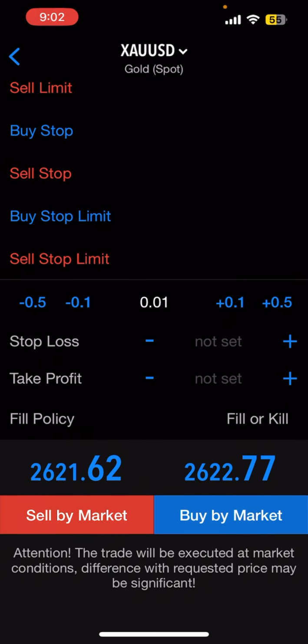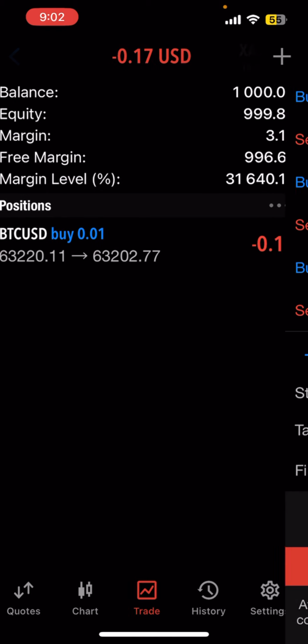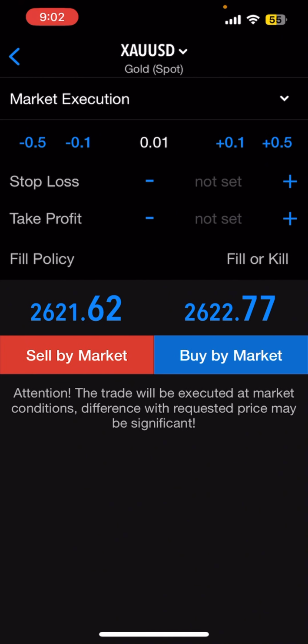Good, right? So underneath that, this confusing part here, where you're seeing on the blue, the left hand side, the negative 0.5, and then the negative 0.1, and then 0.01, and then plus 0.01, and whatever, right? So this has confused a lot of people. What you're looking at is essentially 10 cents per pip.